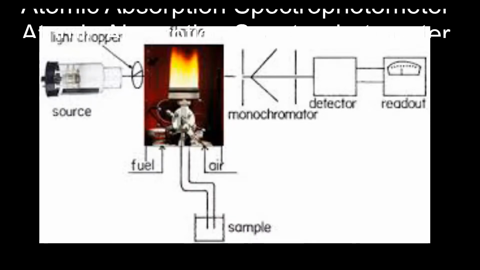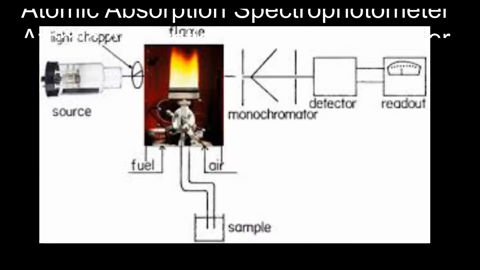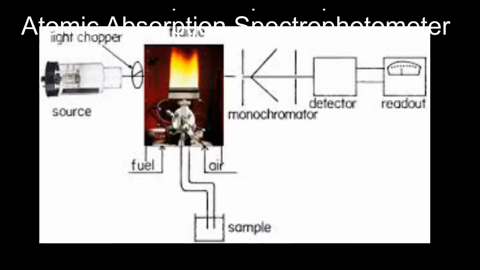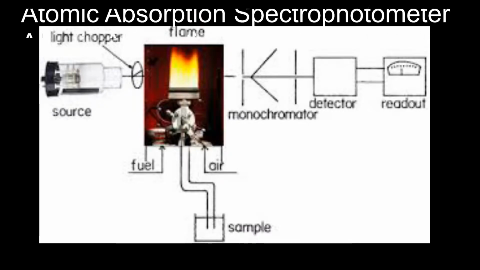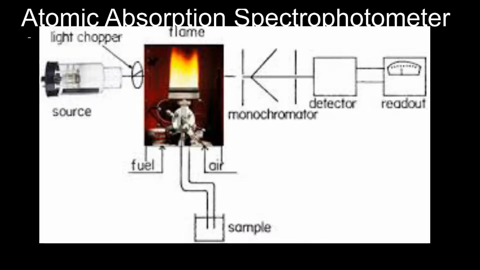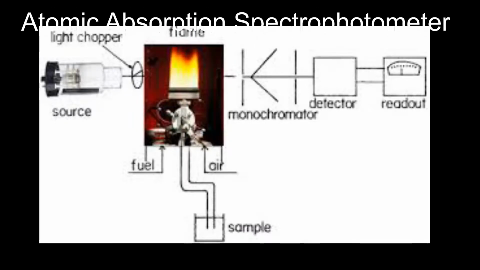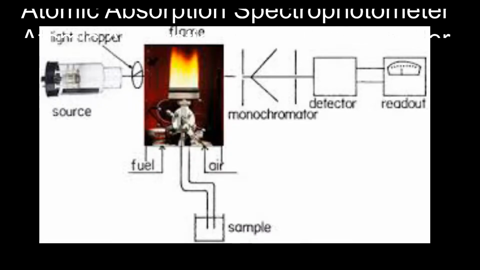As against this, in flame photometry, the emission intensity depends on the number of excited atoms and hence on the flame temperature. Now let us look at the different components of an atomic absorption spectrophotometer as shown in this schematic diagram.